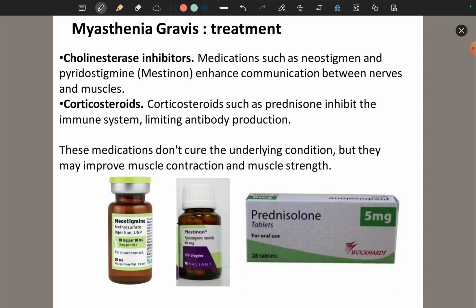Because the pathogenesis of this disease is, what is the abnormality? Antibodies. So you are now giving this drug to minimize the production of the antibodies, which are the main problem in this disease. So you give corticosteroids.